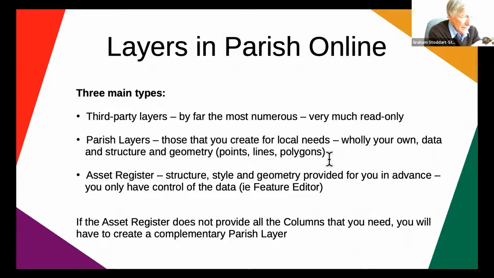There are times when the asset register doesn't have all the information in it that you want. And so the solution to that is to create a complementary layer in parish layers of your own. And then when the time comes that you want to demonstrate or show information, you just turn on the asset register and the parish layer at the same time, and all the data becomes visible.